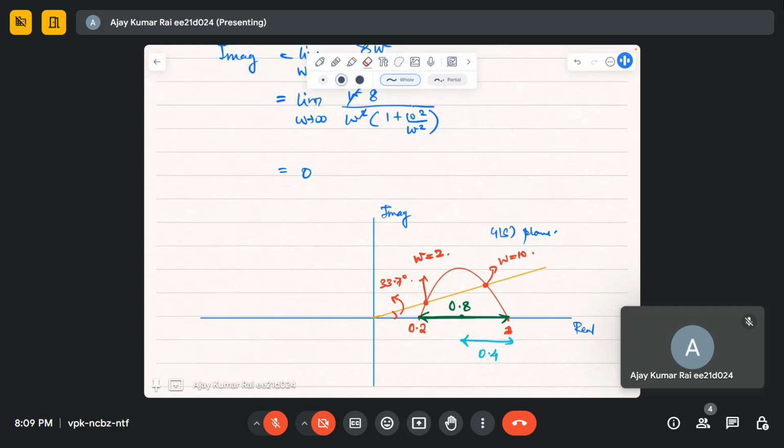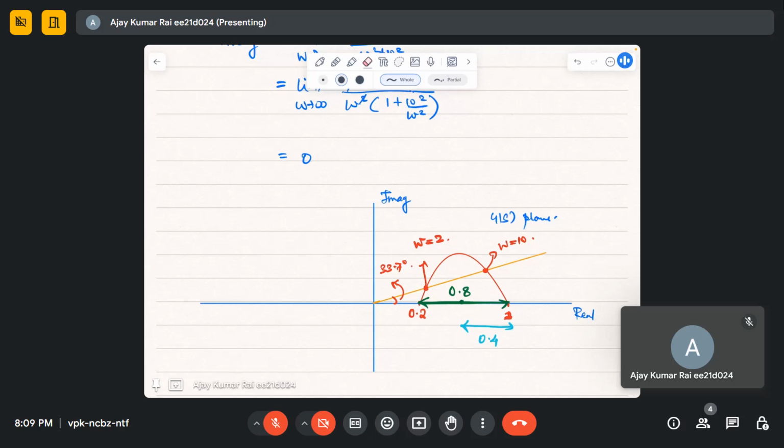It's very interesting. Even if you don't know the values at omega equal to 2 and omega equal to 10, we can still plot the Nyquist plot, because in the question it's given that it's a semicircle. So we know it will start from point 2 and end at 1.